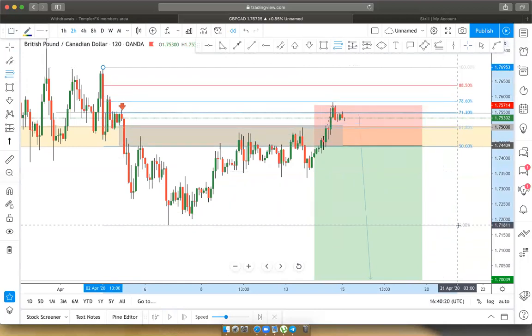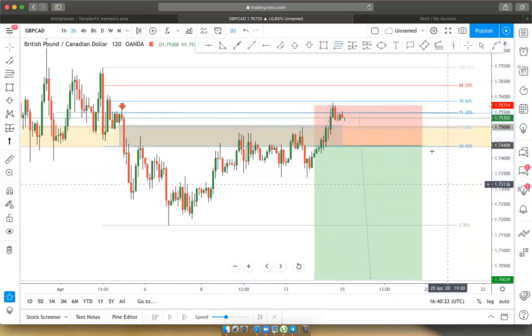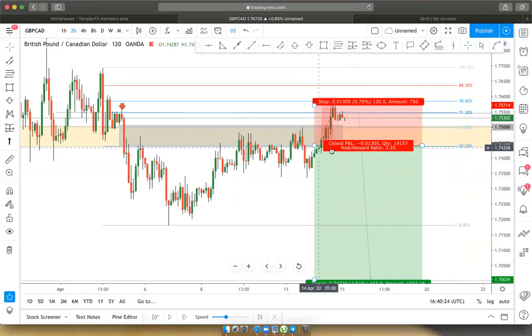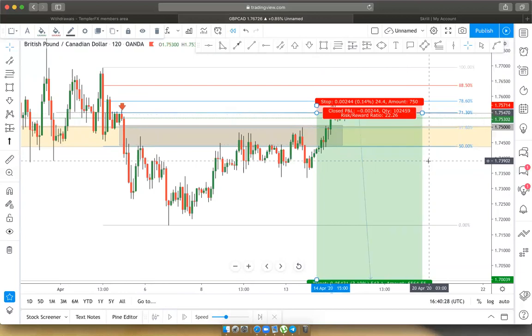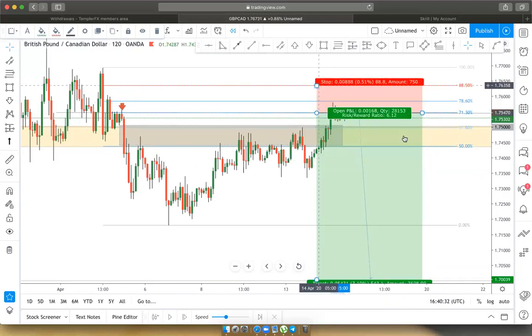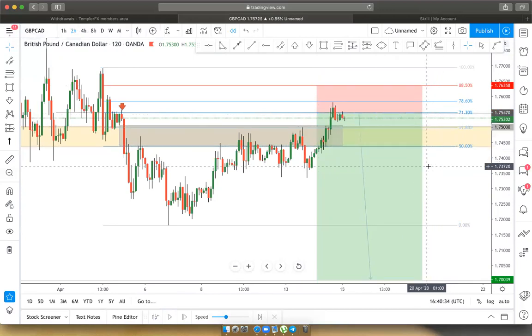As I said before, we could measure this Fibonacci retracement, but to avoid stop hunts, we were supposed to enter our trade on 71%, as I explained to those premium group members.